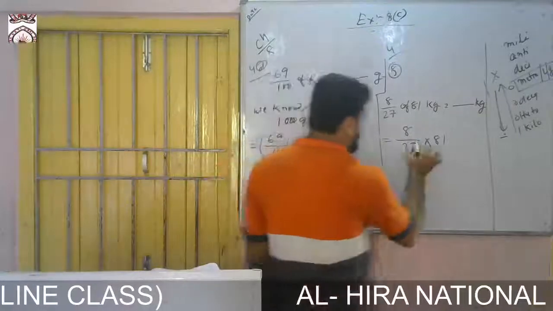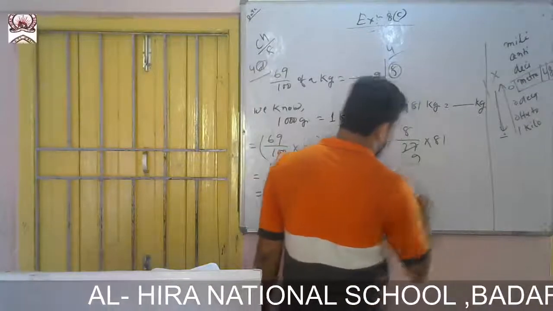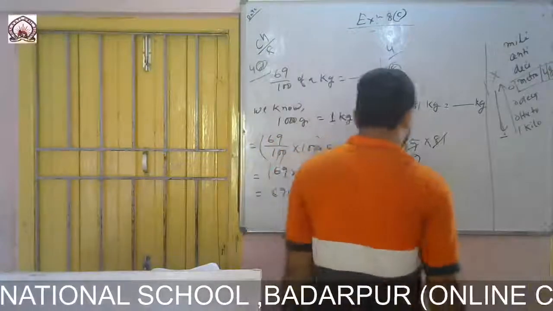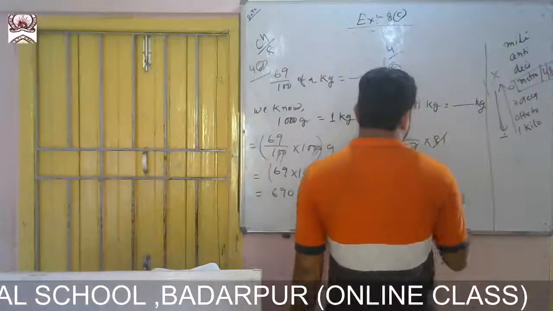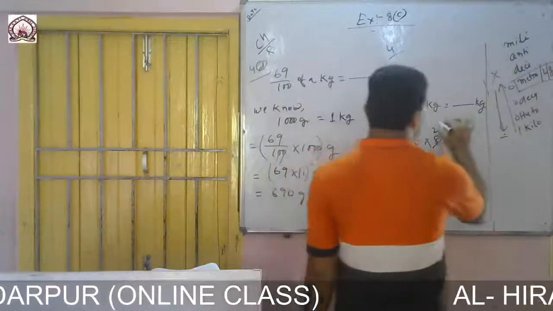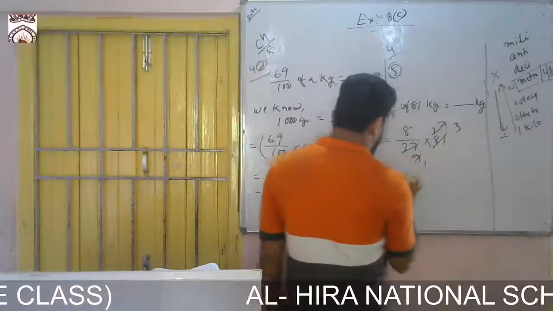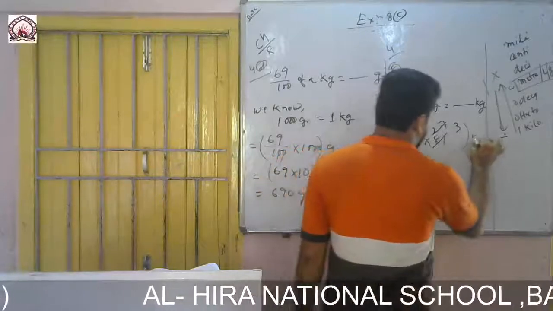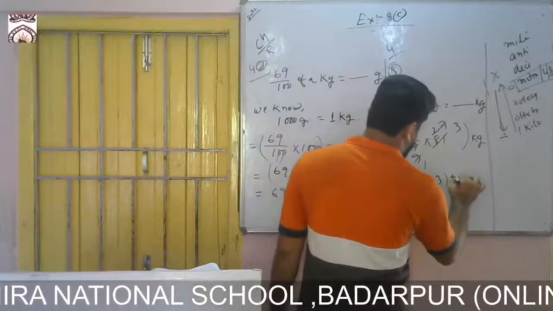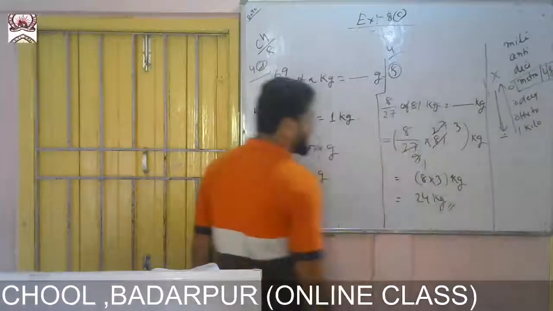This one you can divide. 3 9 jar 27, 3 9 jar 27. Then 9 3 jar 27. So remain 8 into 3 kg. It is 24 kg.